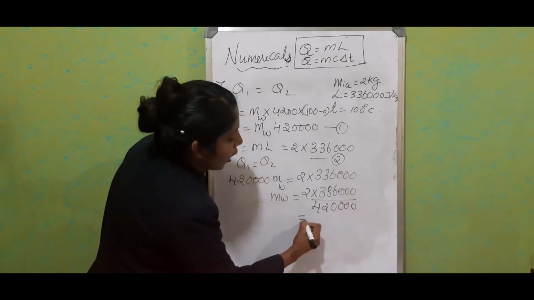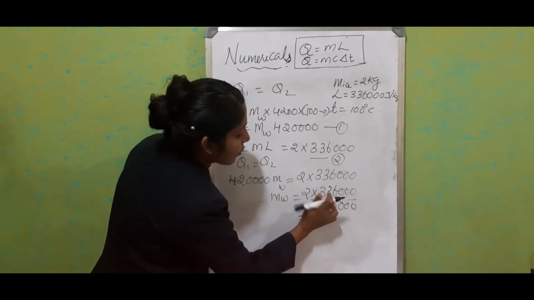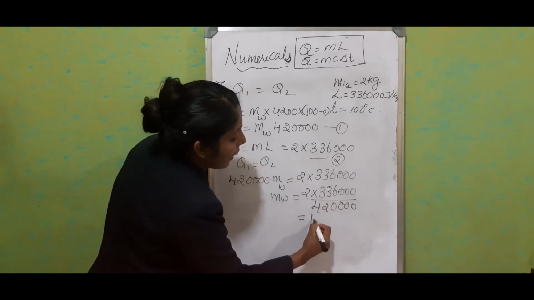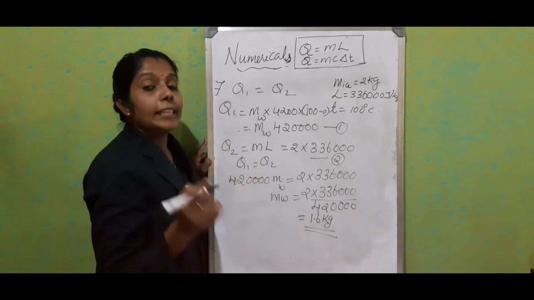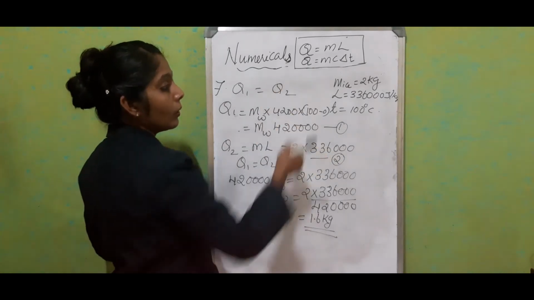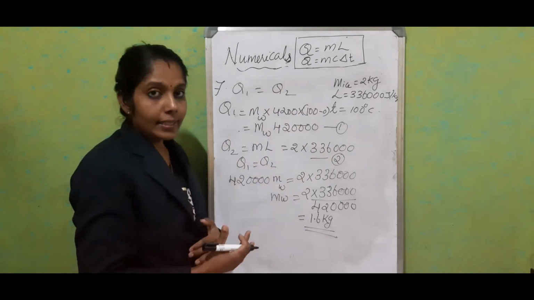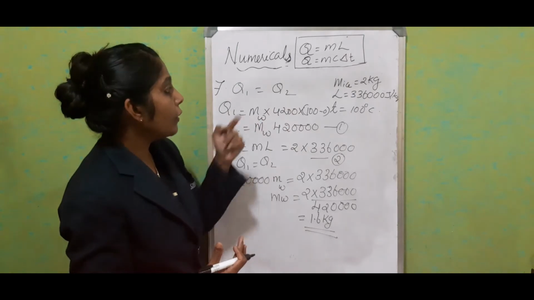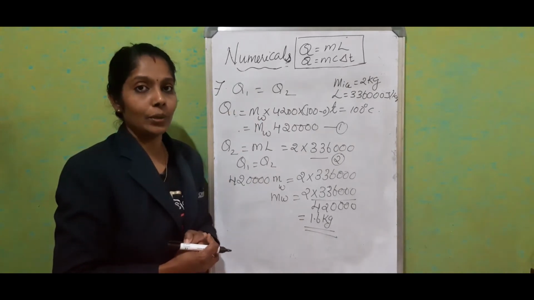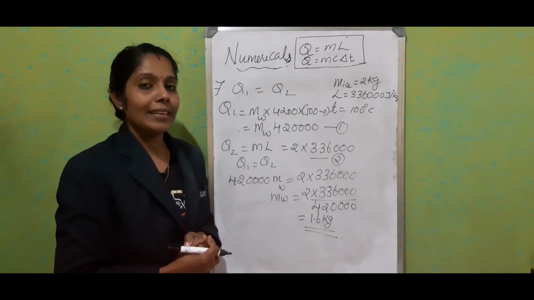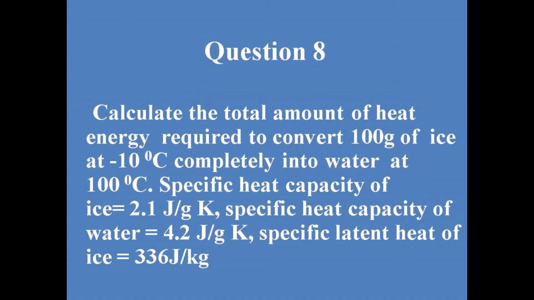Okay. When we solve this, we will get 1.6 kilogram of water. If you want to melt 2 kilogram of ice with water of temperature 100 degrees Celsius, we require 1.6 kilogram of water. Let's see our 8th problem.